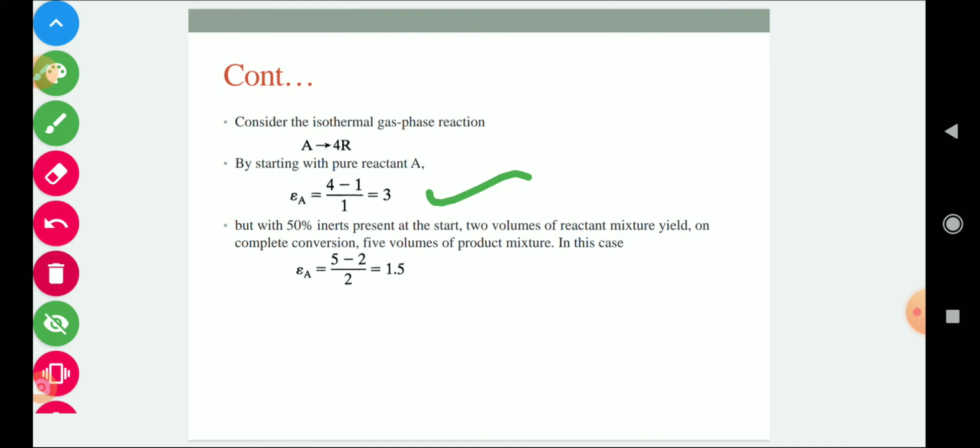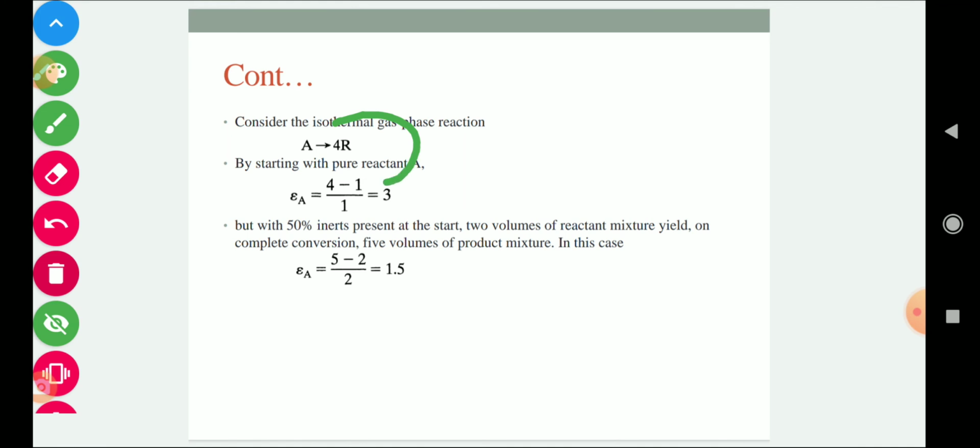On the other hand, if we have 50% inert in the system, then in the reactant we have 1 mole of reactant plus 1 mole of inert. So the initial number of moles equals 2.